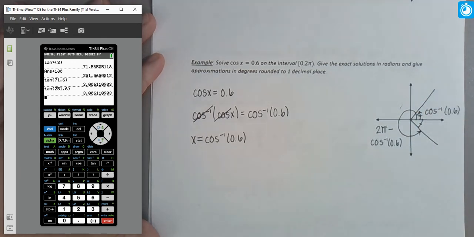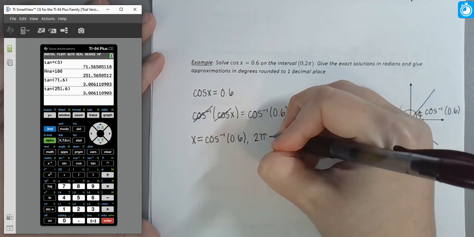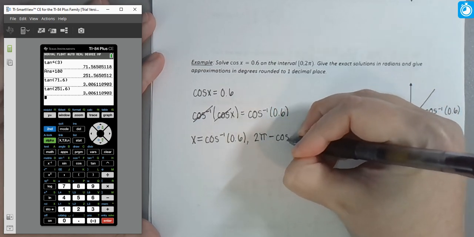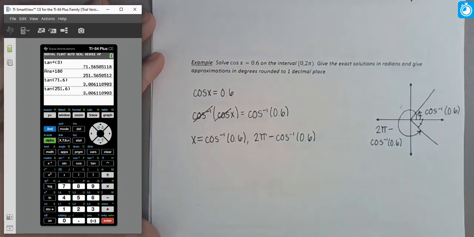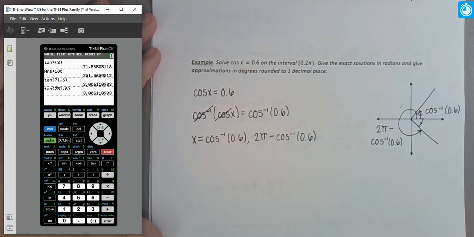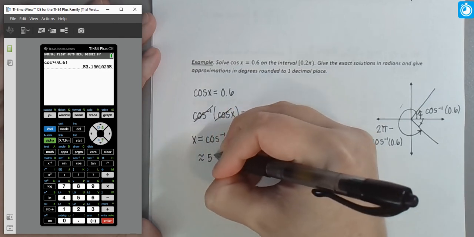That's going to be our other solution, the other exact value for a solution. So 2 pi minus inverse cosine of 0.6. And so if we want approximations, again, we're already in degree mode, we can just type that in. So inverse cosine of 0.6 should give us an angle in the first quadrant, and sure enough, it does. So to 1 decimal place, approximately 53.1 degrees.